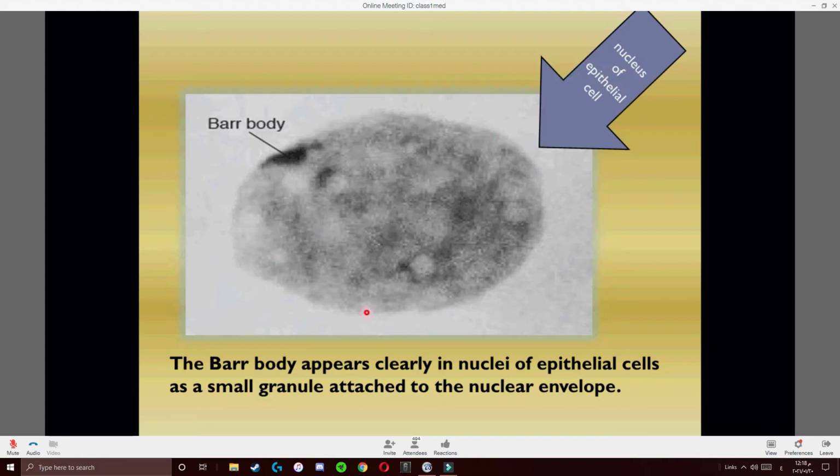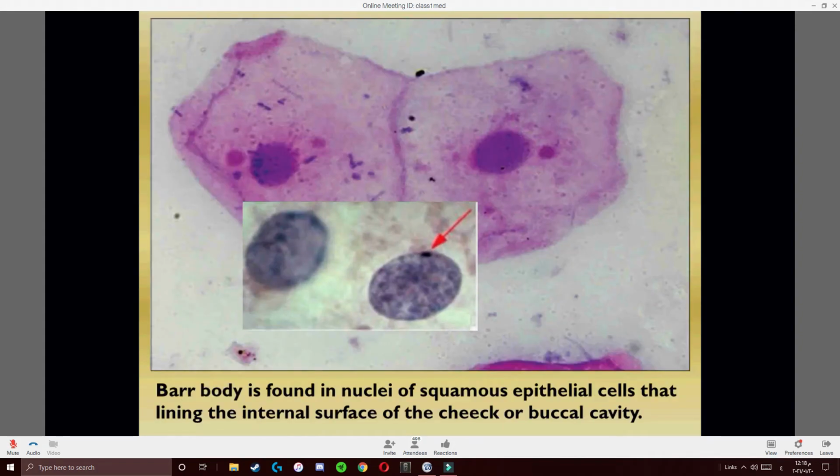The bar body is found in the nuclei of squamous epithelial cells that line the internal surface of the cheek or buccal cavity. These are the squamous cells lining the oral cavity from the inside, and we notice these cells contain the bar body as small granules attached to the nuclear envelope.